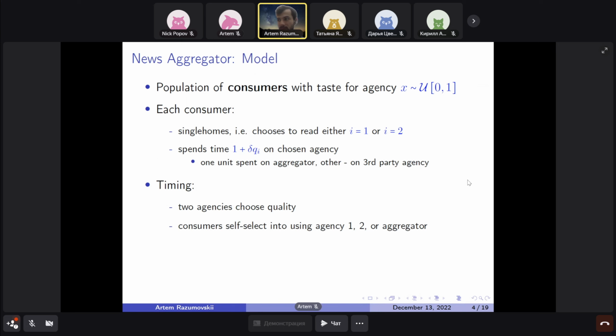Then if the aggregator is present, we remember that the quality of the aggregator is already defined, so the aggregator picks the high quality topics from agencies, and for the rest of the topics which are not presented with good quality on both agencies, the aggregator just provides not good quality.